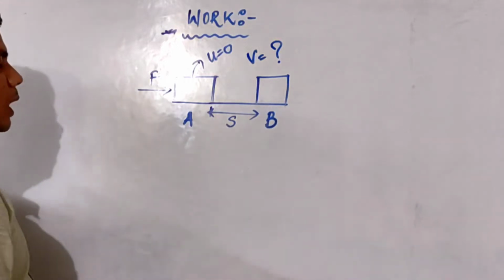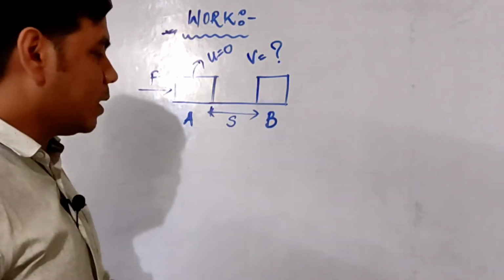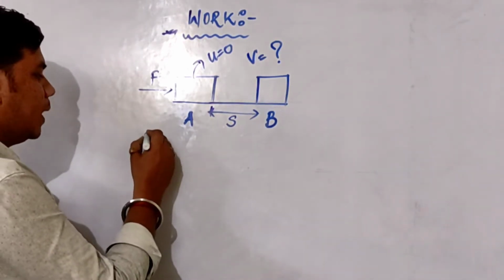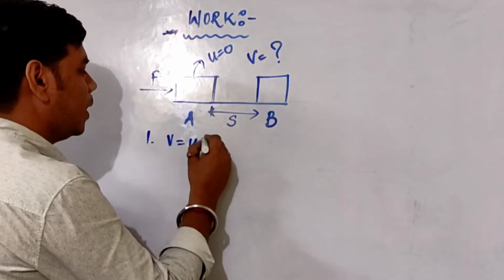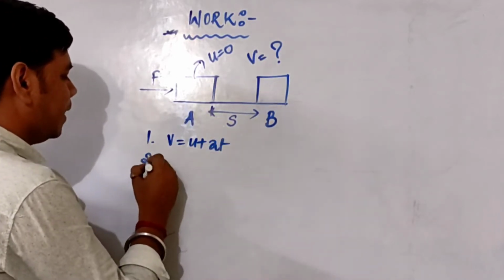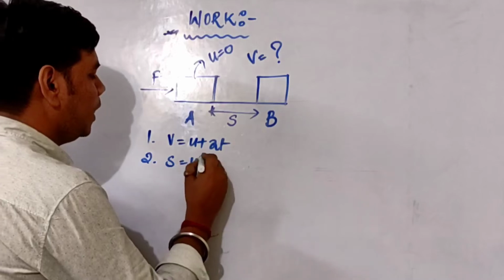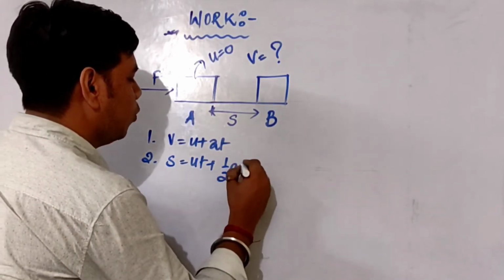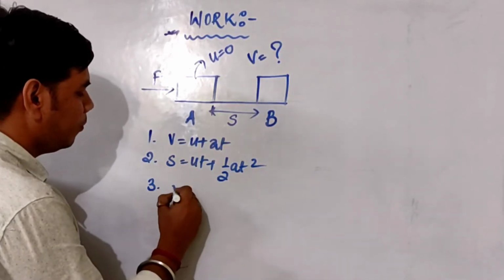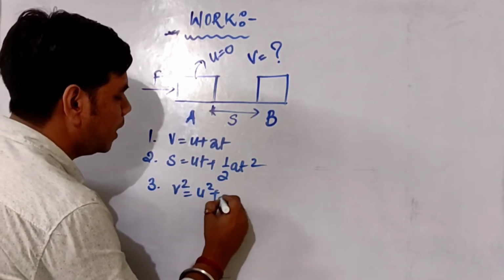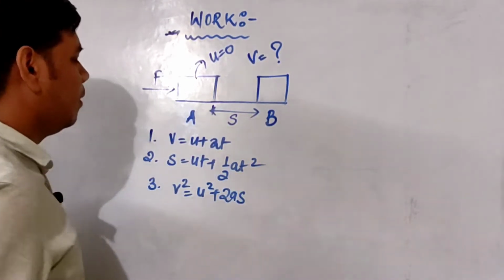We have learned about the different equations of motion in the laws of motion chapter. That is, first is V equal to U plus AT, second is S equal to UT plus half AT square, and third one is V square equal to U square plus 2AS, right?